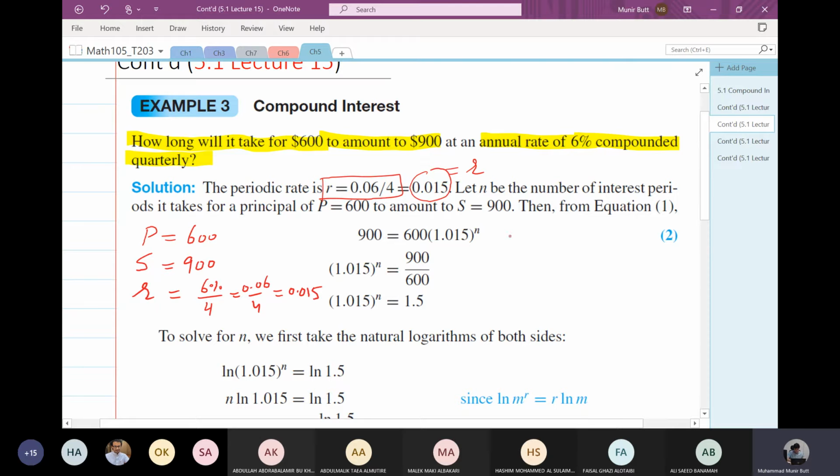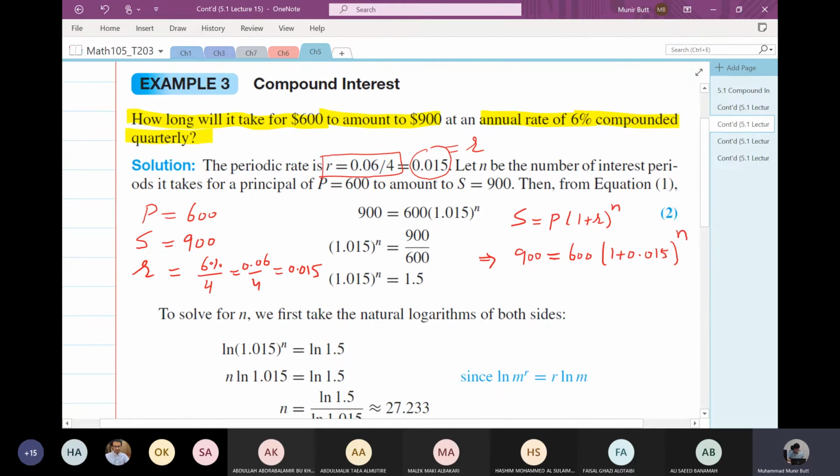Then again we plug this in the formula. S is equal to P into 1 plus R to the power n. So this implies that 900 is equal to 600 times 1 plus 0.015, to the power n, and n we have to find.